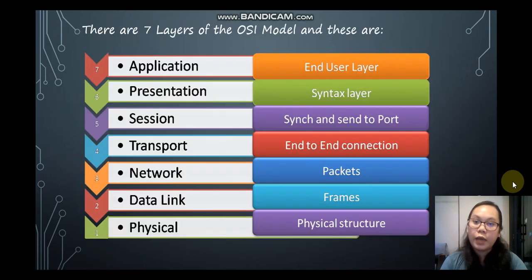These are the 7 layers of the OSI model: application, presentation, session, transport, network, data link, and physical.